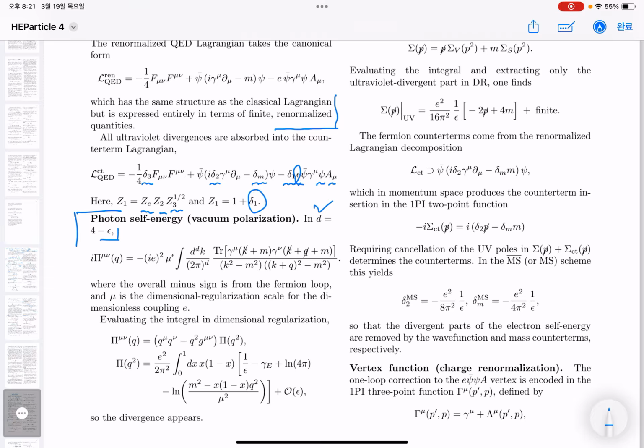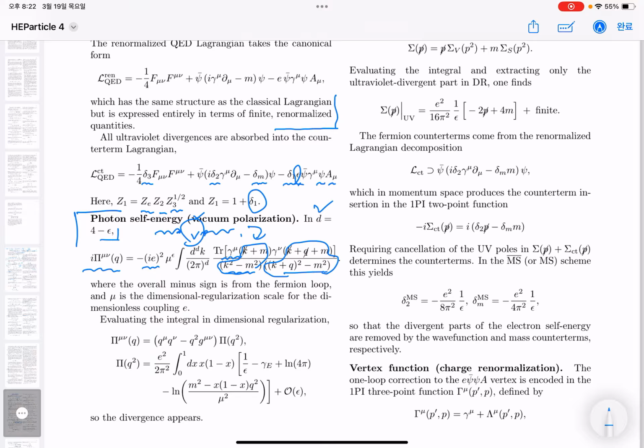The photon self-energy can be drawn like the following form, and by the Feynman rules we can evaluate the loop diagram amplitude. So here there are two fermion propagators. These give the internal lines, and the vertex gives the electric charge times the gamma matrix.